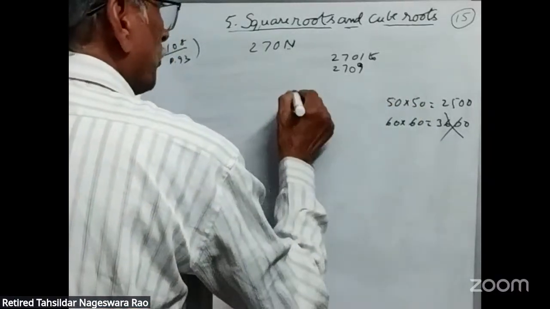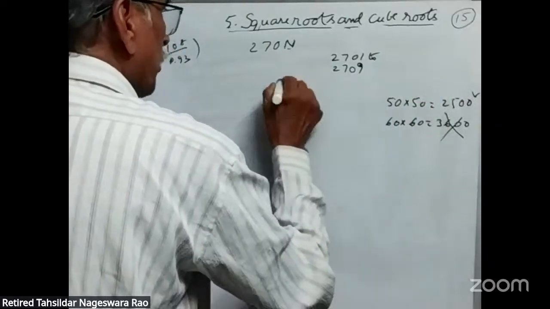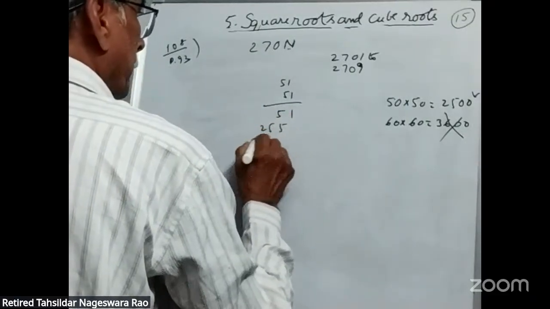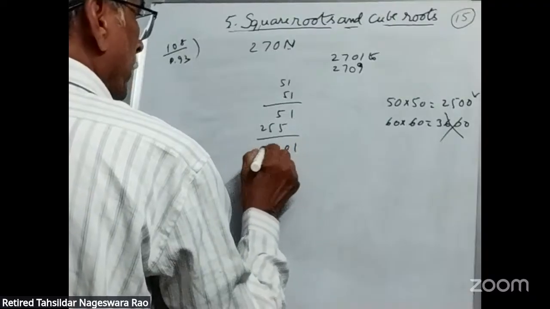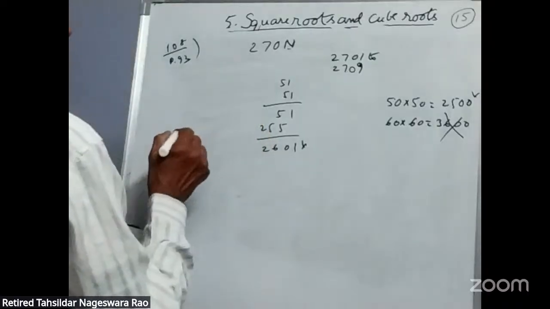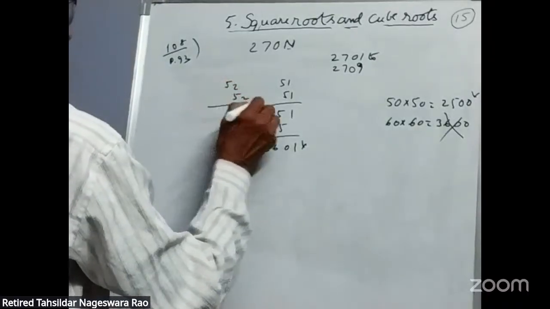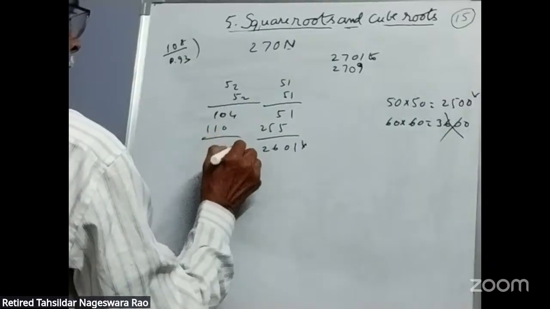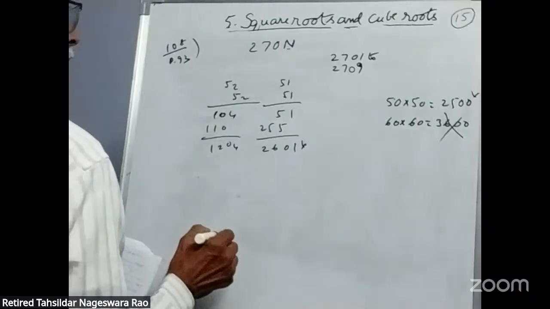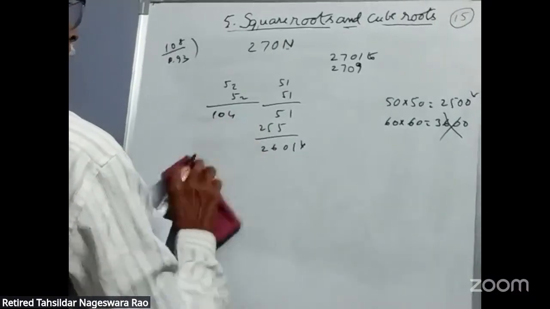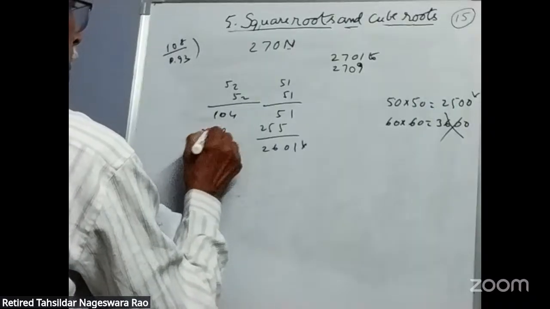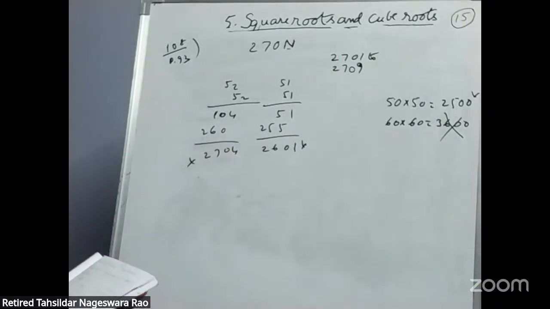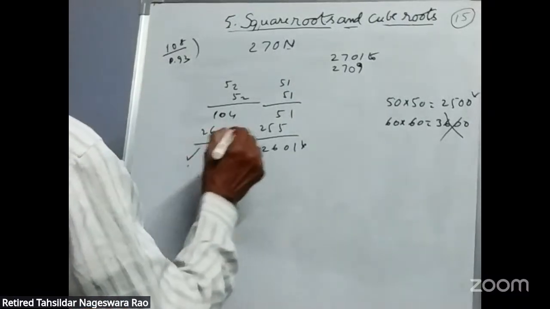Start from 50 and 51. 51 square is 2601, no. 52 square is 2704. Yes, 2704 is in between.